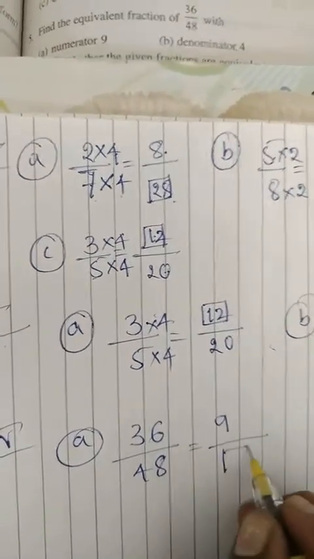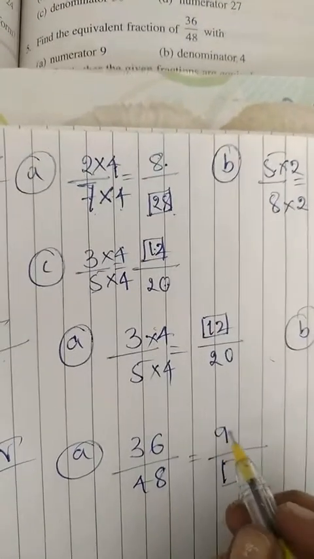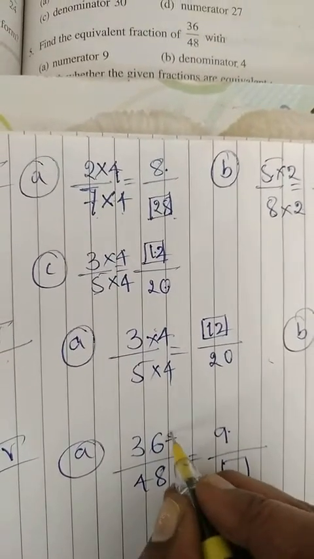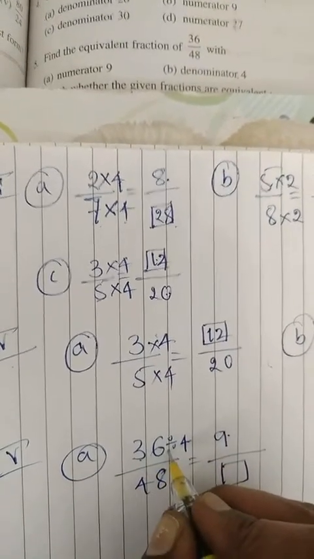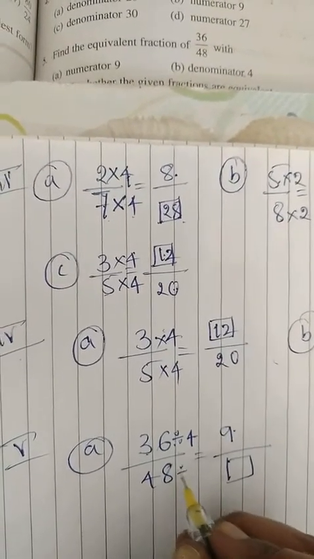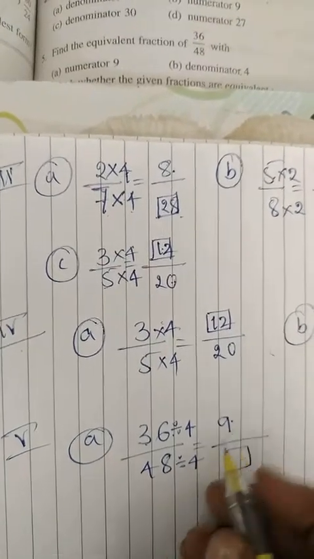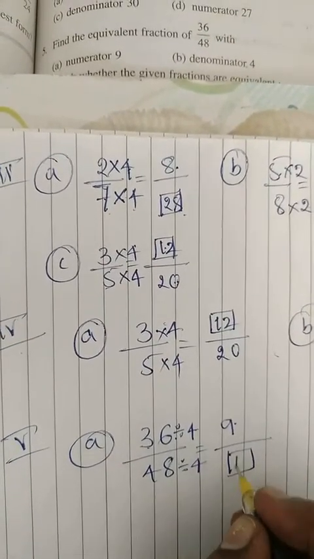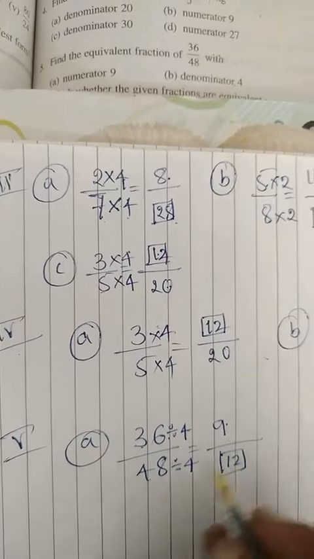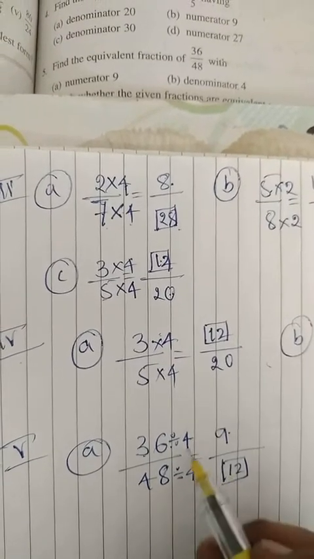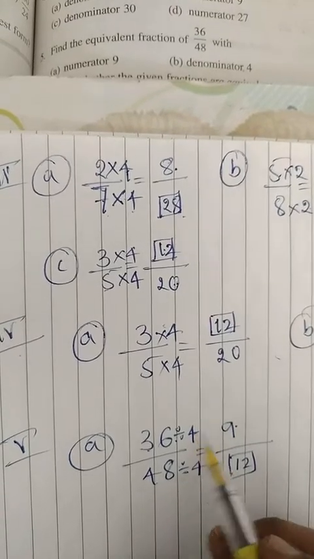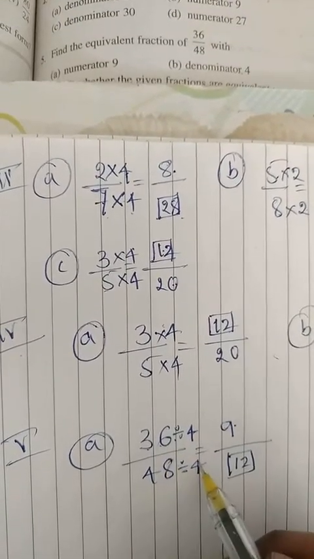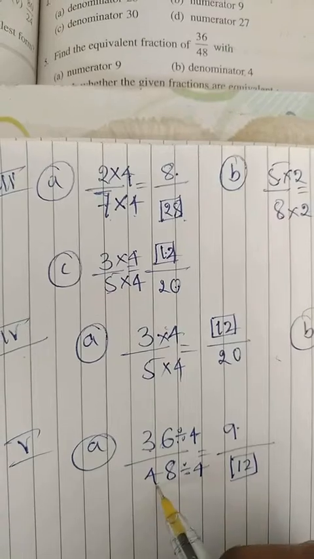So here not given. Here you divide by 4. 4 9s are 36. Yes, here also you divide by 4. 4 12s are 48. Understand? Here the dividing number you have to take the same number. 4 9s are 36. 4 12s are 48.